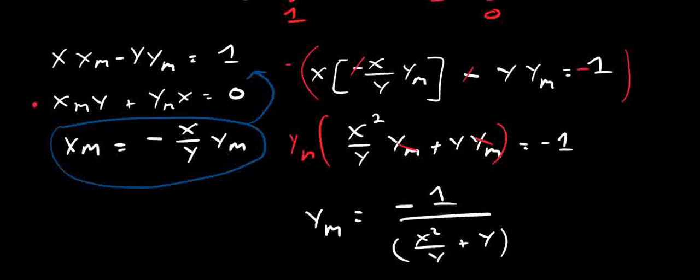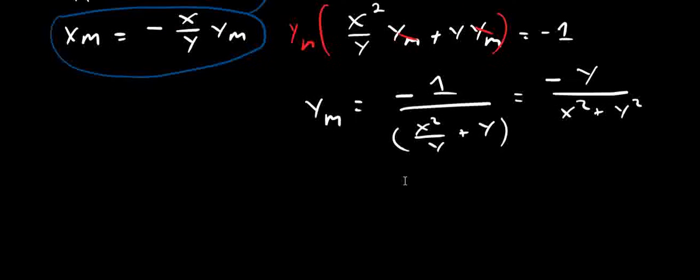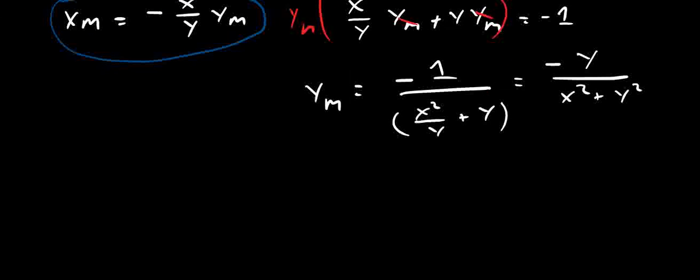And now when I want to simplify this, I'm going to multiply this y by y over y. And the simplified version of this, you can check, is equal to minus y divided by x squared plus y squared. Awesome. So we're going to mark this down really quick. ym is equal to minus y divided by x squared plus y squared.